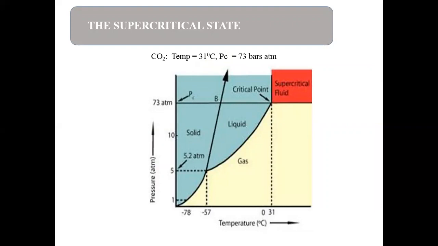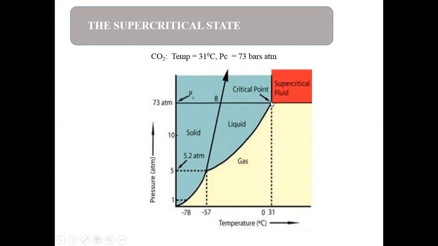This is a supercritical phase diagram, showing how CO2 at a specific temperature and pressure gets converted into a fluid. Here the x-axis is temperature and the y-axis is pressure. Suppose at a specific temperature and pressure CO2 behaves as a fluid. Here is the critical point at 31 degrees Celsius and 73 atmospheres pressure. When CO2 is above this particular temperature and pressure, it is converted into a fluid.